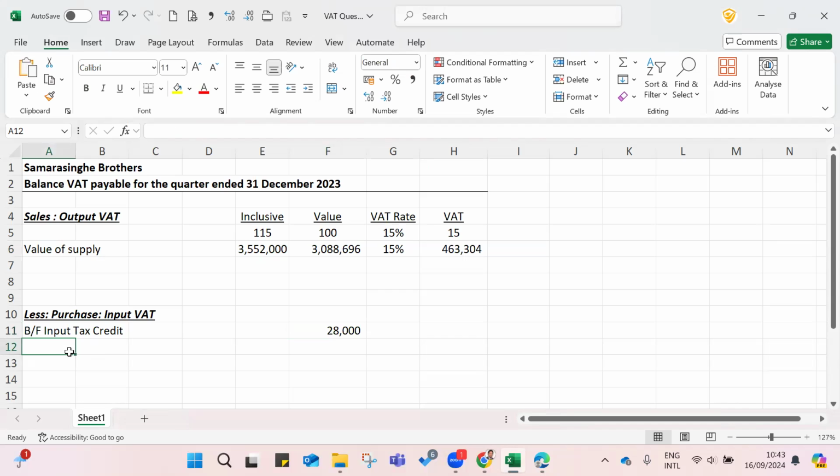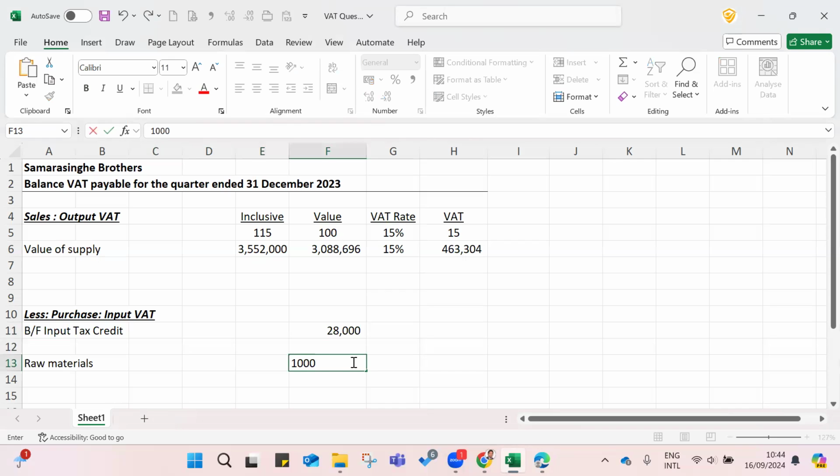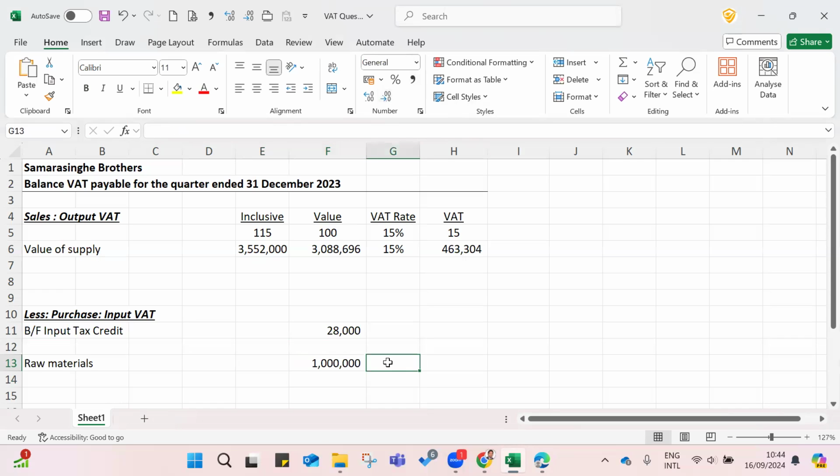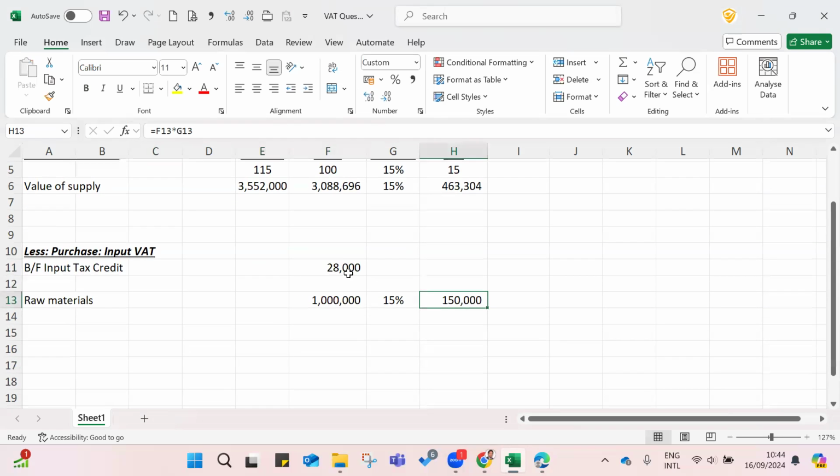The given amount is 1 million, right? You can see it's 100, without VAT. Applicable VAT rate, 15%. Then if you multiply it by 15%, you will get 150,000, right?